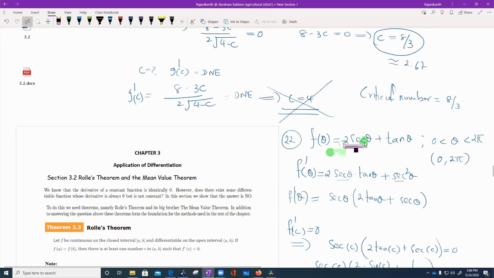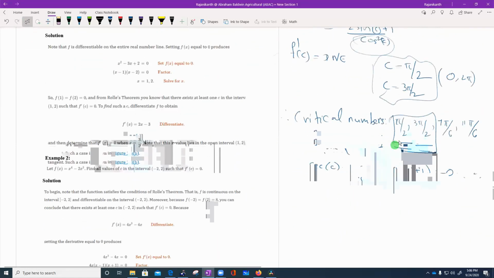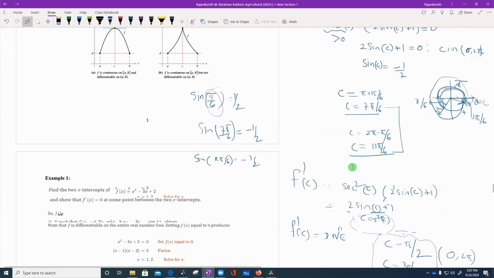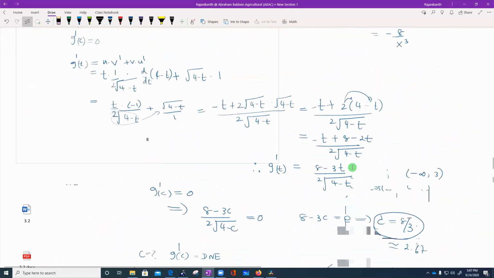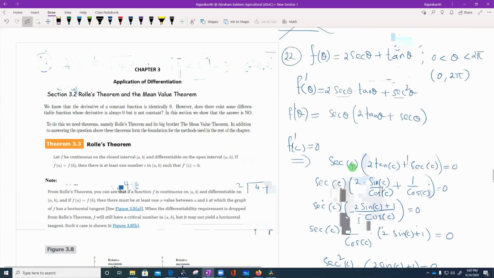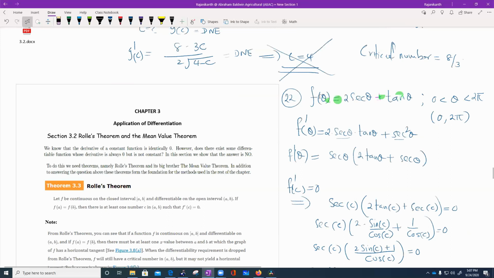You have to plug in and check here. Secant of pi over 2 is undefined, 1 over cosine 0. Tangent as well, right? Therefore, if the function is not defined, you don't include those. So after getting the answer, you check that everything is defined. Okay, so those 2 points should be excluded. We don't want them because the function is not defined there.